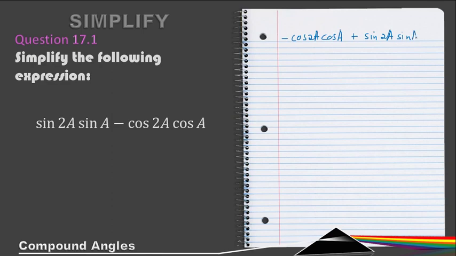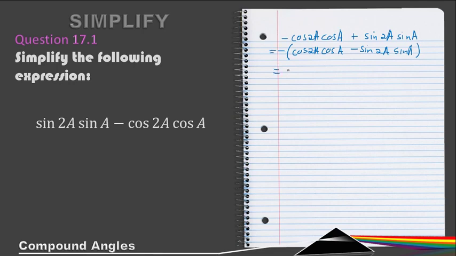All right. So now before we can continue, we have to take out a negative. So I take out a negative and I'm left with cos 2a cos a minus sine 2a sine a. And then I can simplify this.